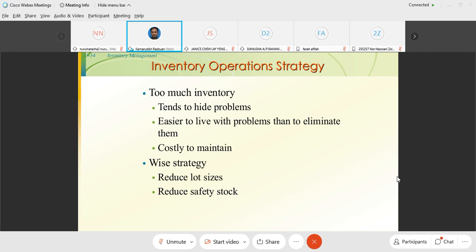Too much inventory also means a high cost to maintain it. So the good strategy is to reduce the lot size and the safety stock by having a better inventory control approach and technique.